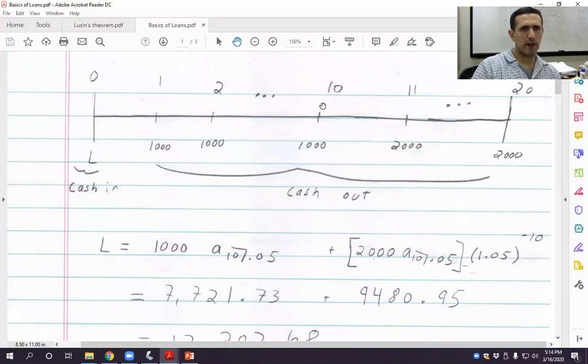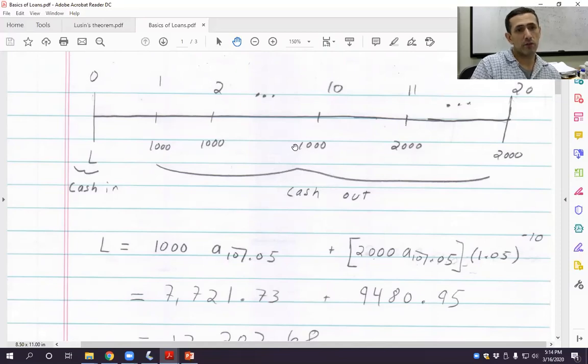So the accumulated value at t equals 10 of the 1,000 payments is 1,000 s angle 10 at 5%, but that theoretically sits in an account and earns 5% interest for another 10 years.